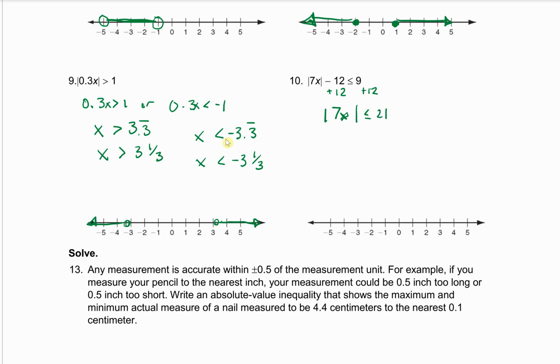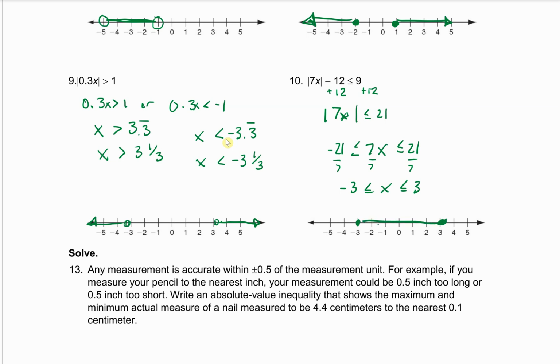So this is less than, so I'll have 7x less than or equal to 21, greater than or equal to negative 21. I'm going to divide everything by 7. So I got negative 3 less than or equal to x less than or equal to 3. A little bit easier to graph, like so.